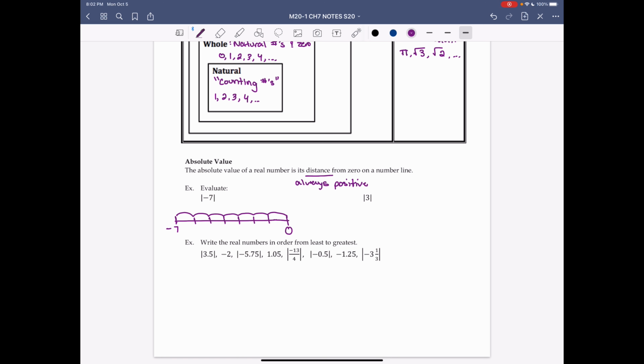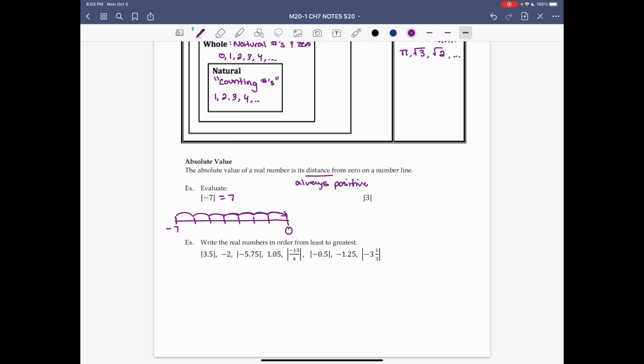So 1, 2, 3, 4, 5, 6. We are 7 steps away from 0, so the absolute value of negative 7 is 7. That would mean that the absolute value of negative 7 would also equal the absolute value of positive 7, because both of those numbers are 7 steps away from 0 on the number line.